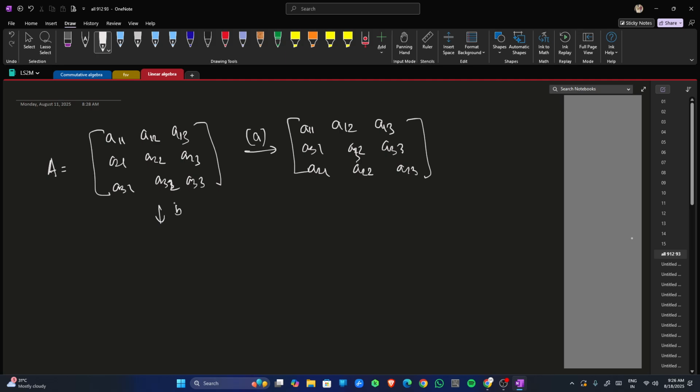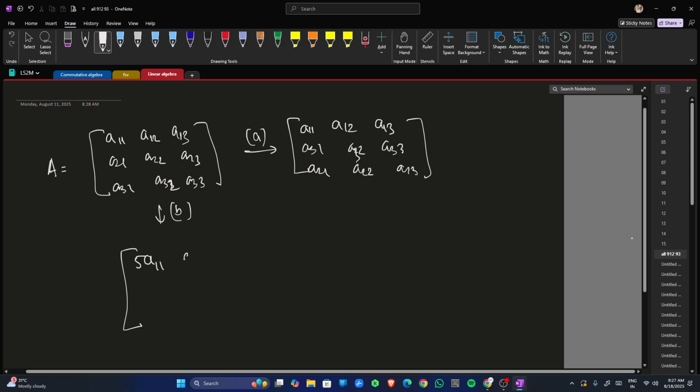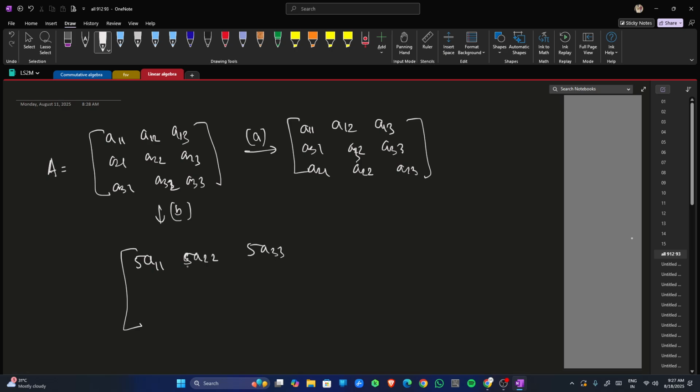Suppose you apply the process B, you want to multiply by any non-zero number, say 5. The row becomes 5a21, 5a22, 5a23, with the other rows as they were.